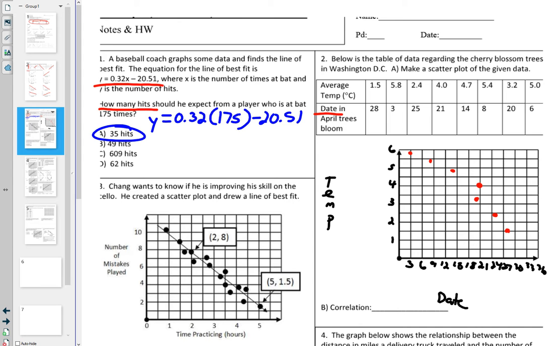And then 5.0 and 6. So yeah, that definitely looks negative.